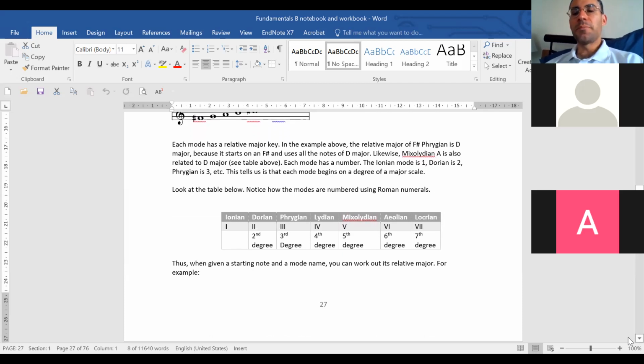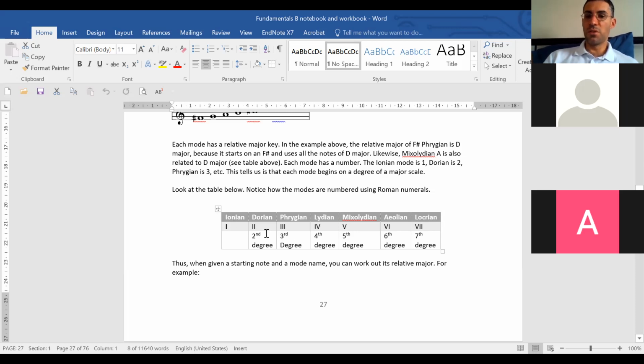Now, I've spoken to you about how they are related to each other. Because they're related to each other, we can number them as well. If we were to take them as degrees, the Ionian is the first, Dorian is second, Phrygian is third, Lydian is the fourth, Mixolydian is the fifth, Aeolian is the sixth, and Locrian is the seventh mode.